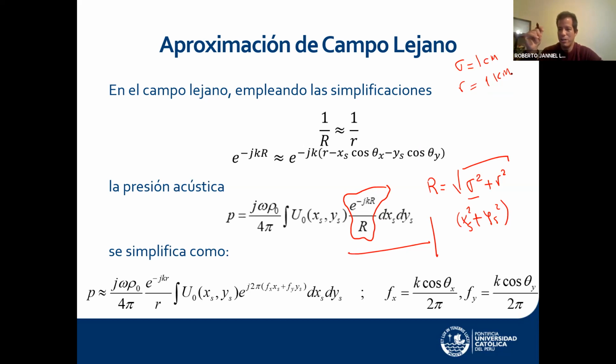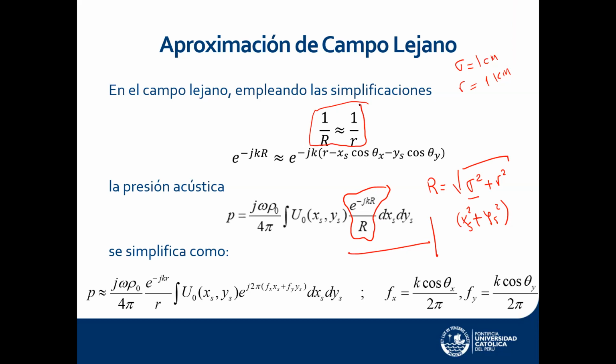The variation introduced by that sigma is going to be incredibly negligible. So in this term, e to the minus jkR divided by capital R, we say that 1 over capital R is approximately equal to 1 over little r. And I hope we're all in agreement that that looks like a good approximation, right?